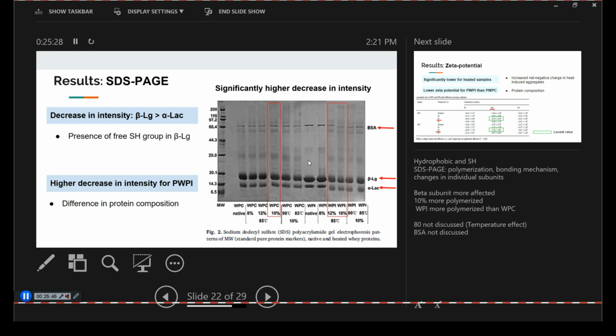So nowhere in their justification did they explain why they were just targeting emulsification in terms of forming aggregates. No, it was very brief in their explanation of why they were doing the work. It was kind of just that past research had seen that pre-treatments could change structural abilities.